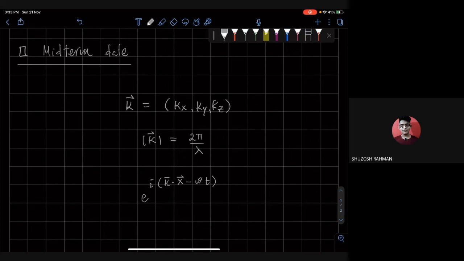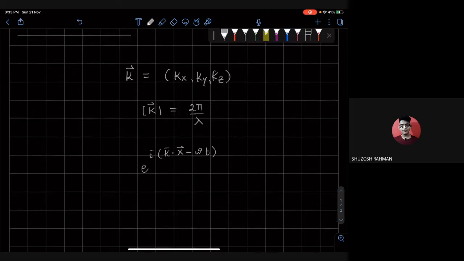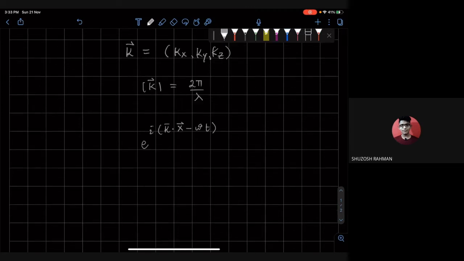So suppose we are looking at a plane wave and we choose our coordinate reference frame such that the direction of propagation is, say, along the x-axis, right?